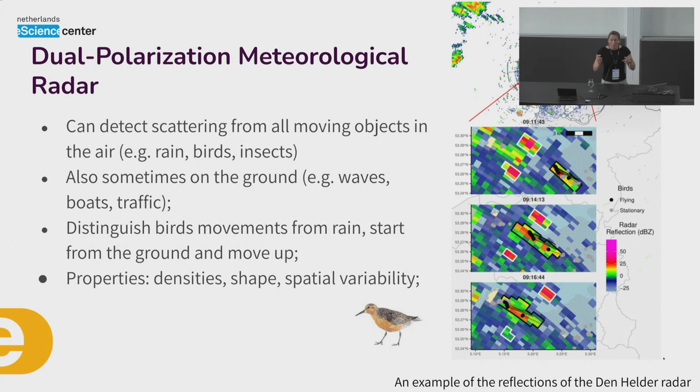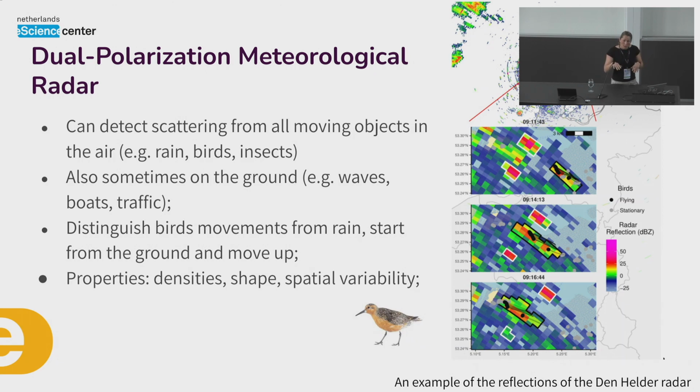An expert can look at it and say, oh, this reflection is in this particular range, it must be biology, it's probably a bird. This is how they do it at the moment, manually, which is of course not the way we want to go.